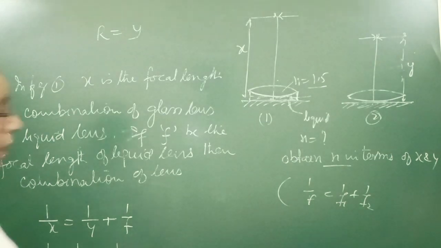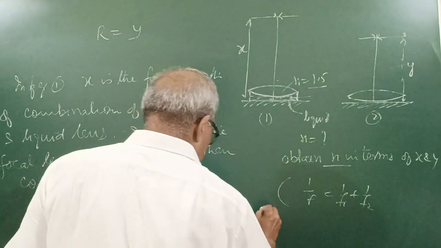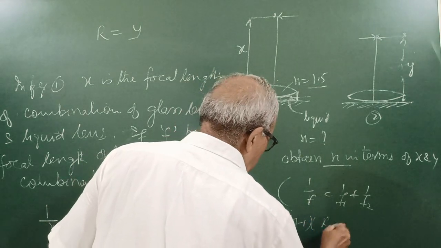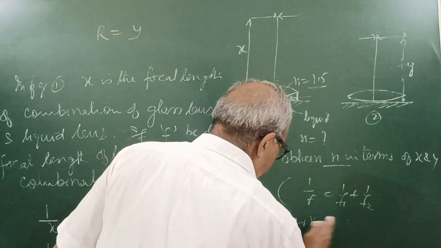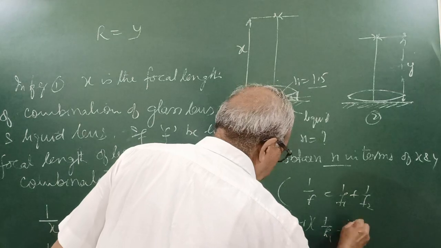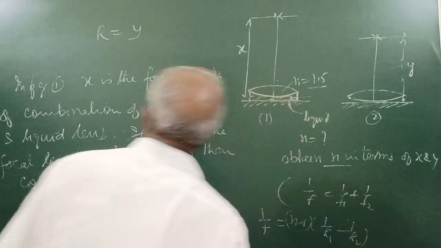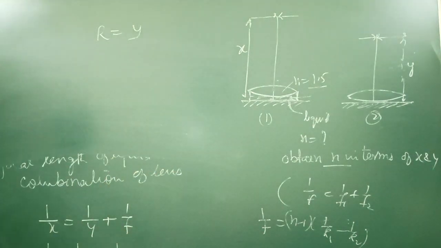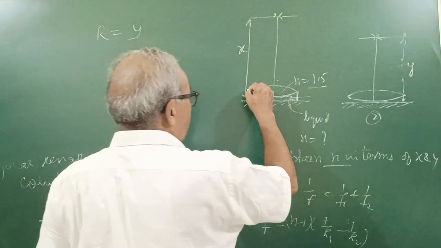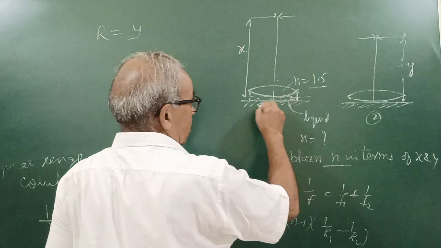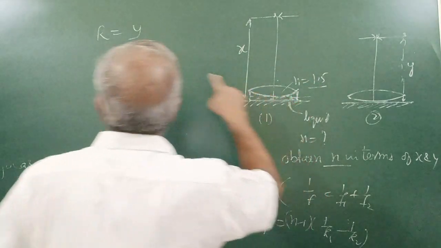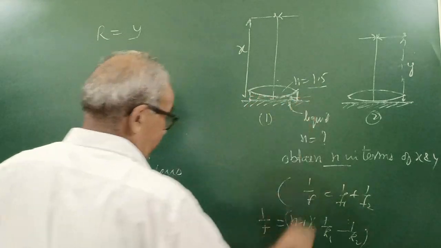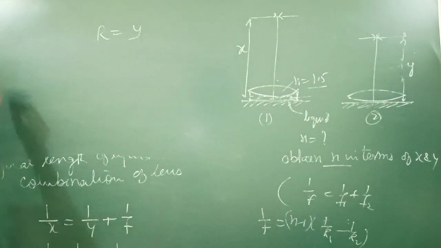But again 1 by f, you know, is equal to n minus 1 into 1 upon r1 minus 1 upon r2. So using this for the liquid lens, this is r1, this is r2, and r1 is equal to minus y, r2 is infinity. So here we will use this.